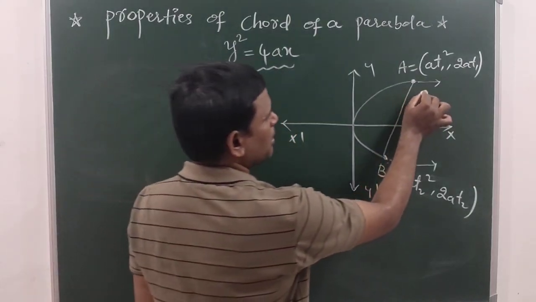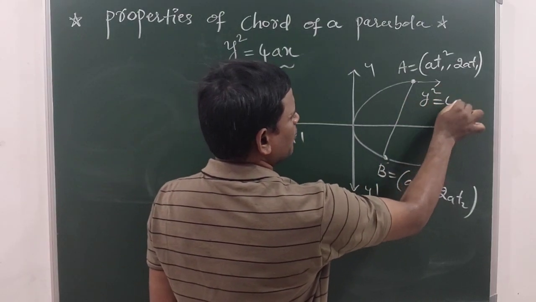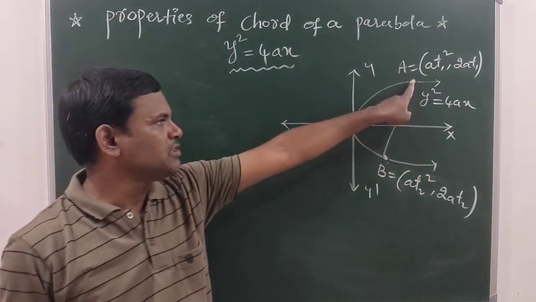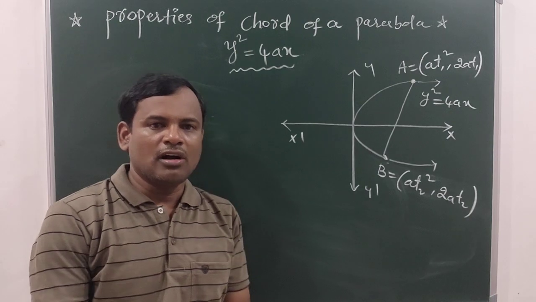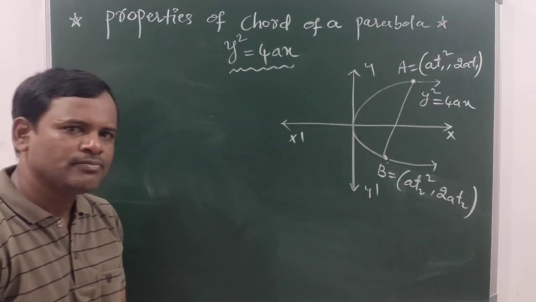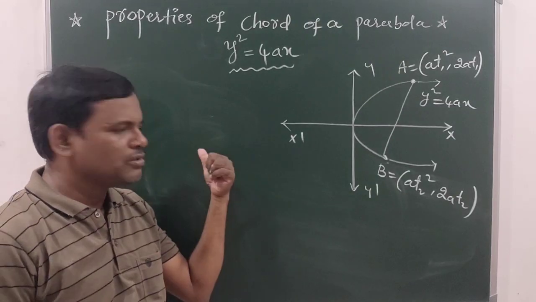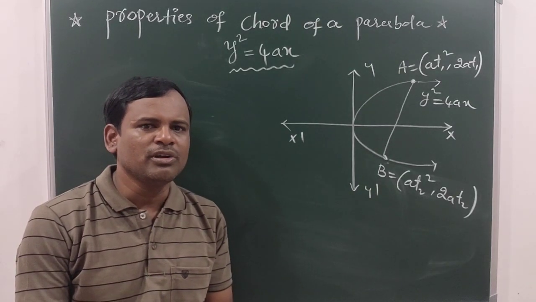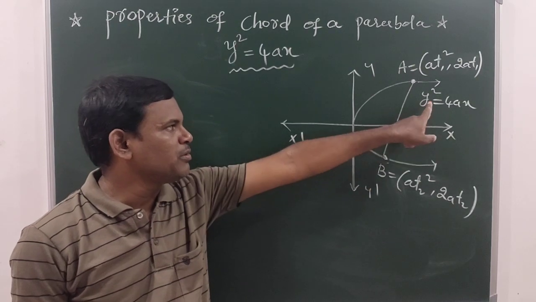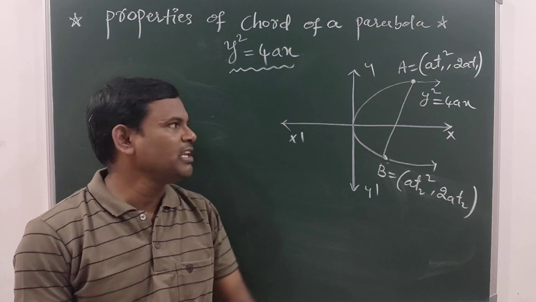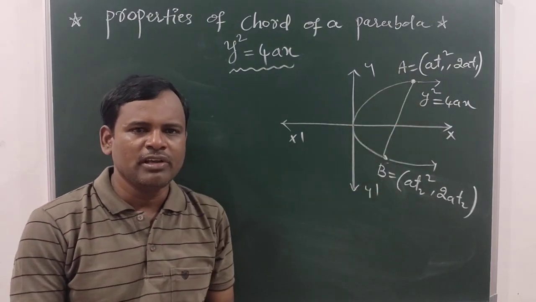What is the name of the parabola? y square equal to 4ax. Now find the equation of this chord AB. How did you find it? Apply the same previous rule S1 plus S2 is equal to S12 with respect to this parabola, so that you will get the equation of this chord AB.